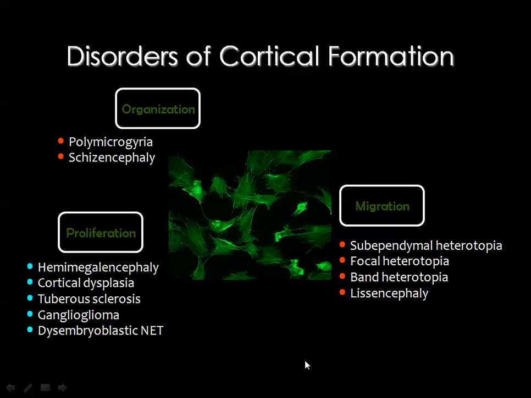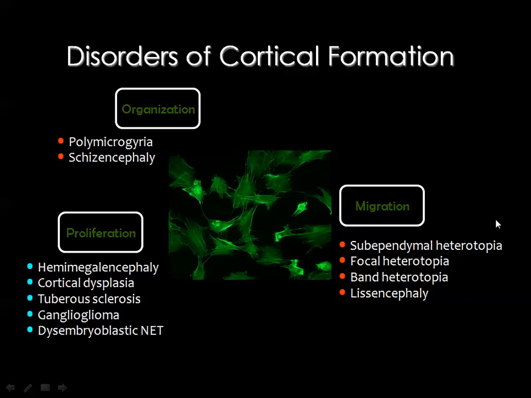Finally, we can divide the cortical formation disorders into three stages. The first one is the stage of proliferation, where you can get hemimegalencephaly and cortical dysplasia. Sometimes they include tuberous sclerosis in this category, and the tumors including ganglioglioma and embryonal dysembryoplastic neuroepithelial tumor.